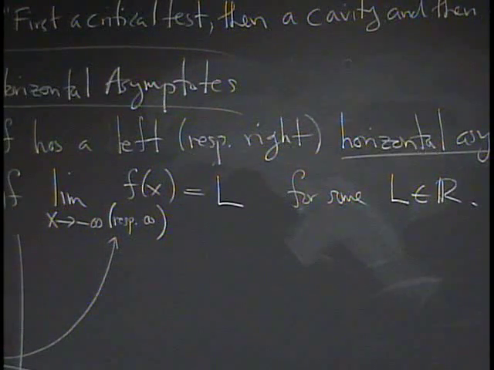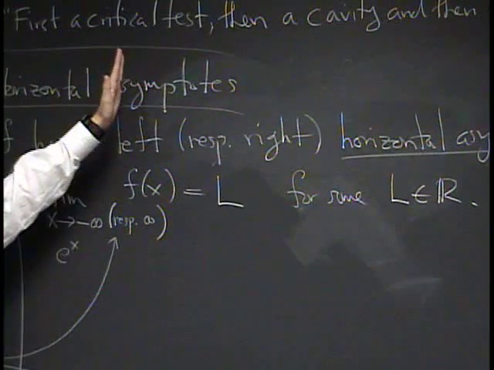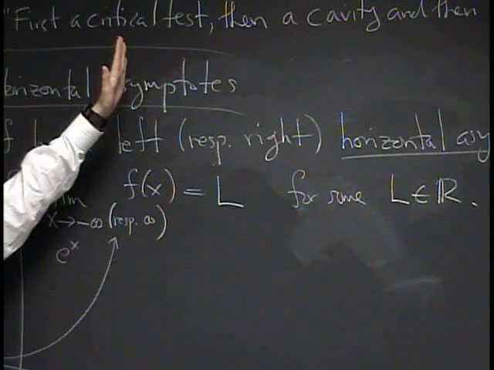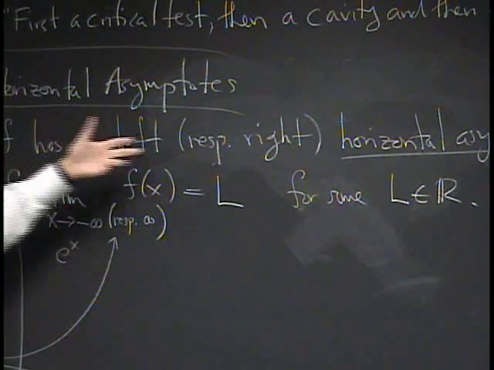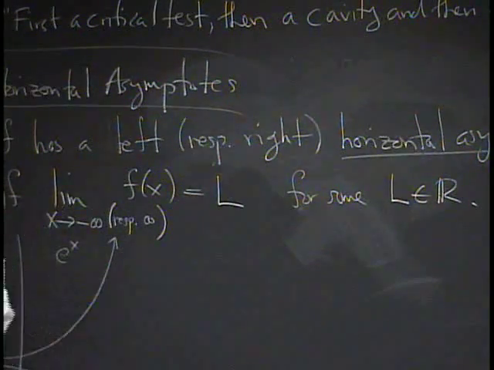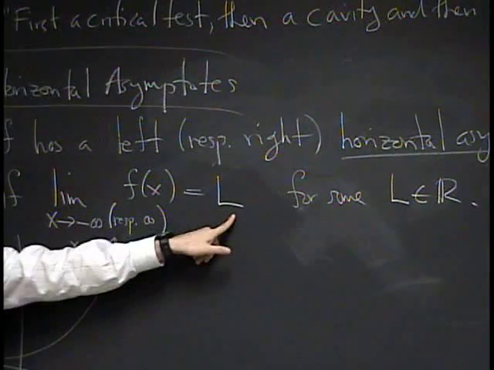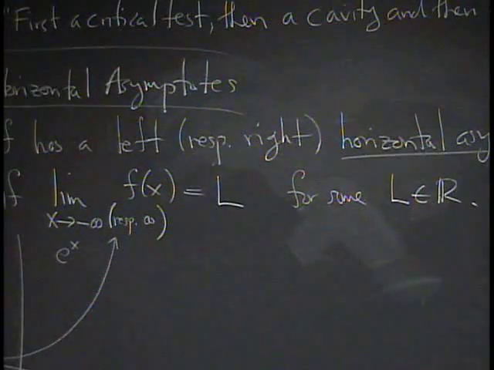It goes to 0 as x goes to minus infinity. But as you go to the right, there is no horizontal asymptote. It goes up to infinity. So I would say this has a left horizontal asymptote. But in general, you would just say e to the x has a horizontal asymptote, y equals 0. So another way that people refer to the horizontal asymptote is by giving the equation of the line, y equals L.